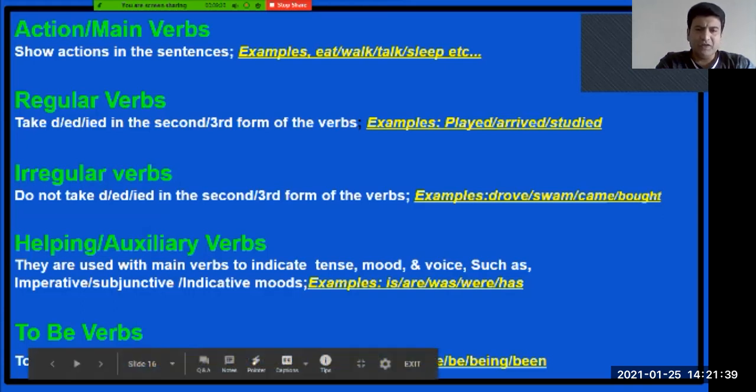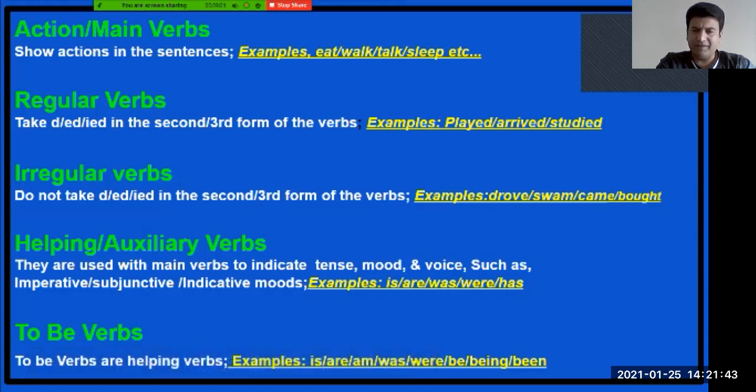They are used with main verbs to indicate tense, mood, and voice. It means they are not the main verbs. They are helping verbs, and they are used with the main verbs to modify their meaning, and they talk about the tense, the mood, and the voice.